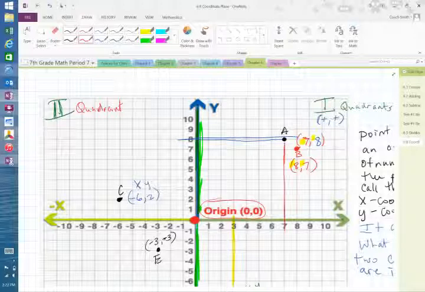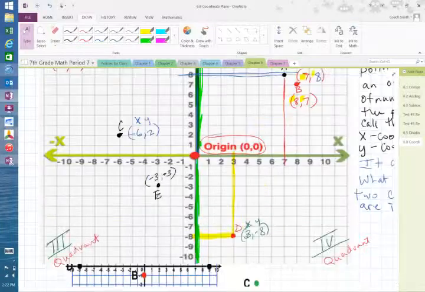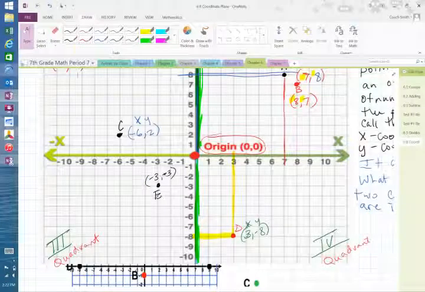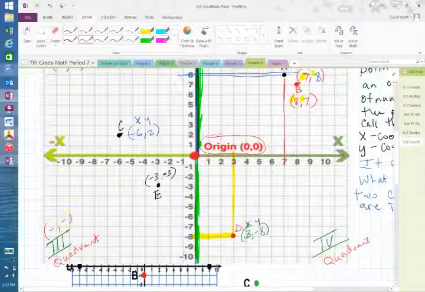Negative. So in quadrant 2, the X is negative and the Y is positive. In quadrant 3, the X coordinate is negative and the Y coordinate is negative. And then in quadrant 4, we have a positive and a negative coordinate.